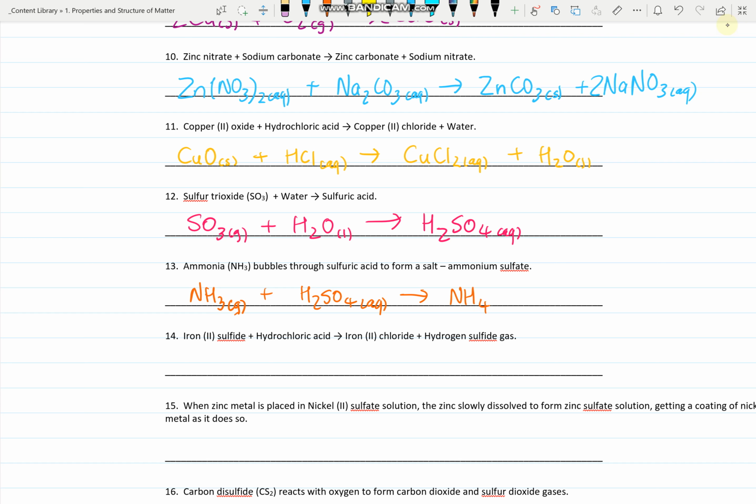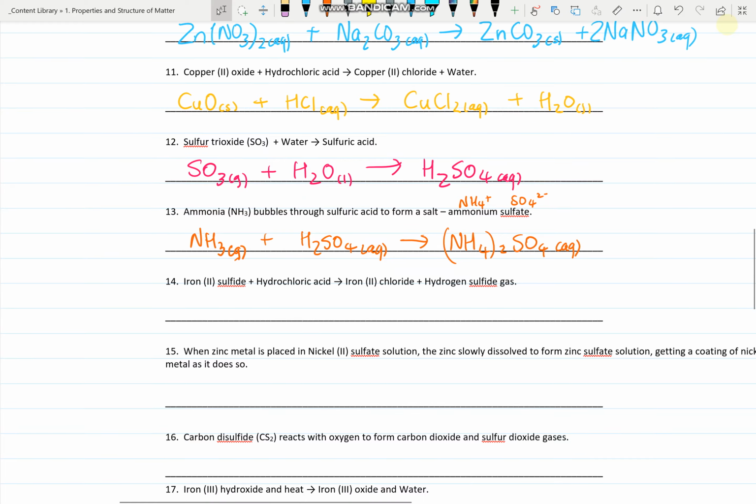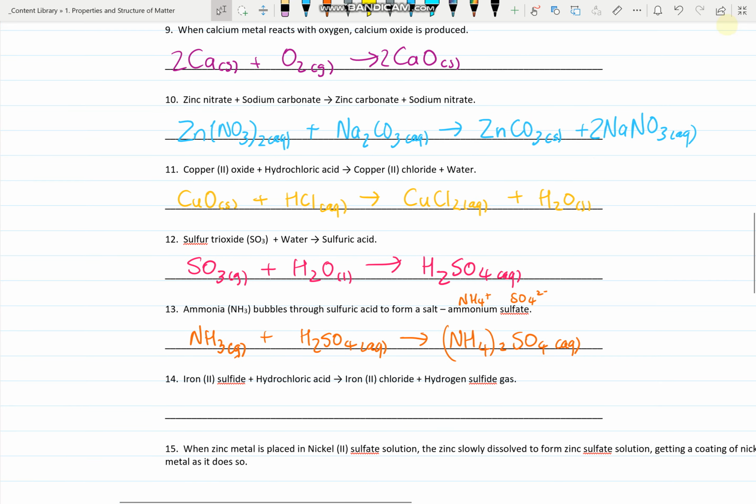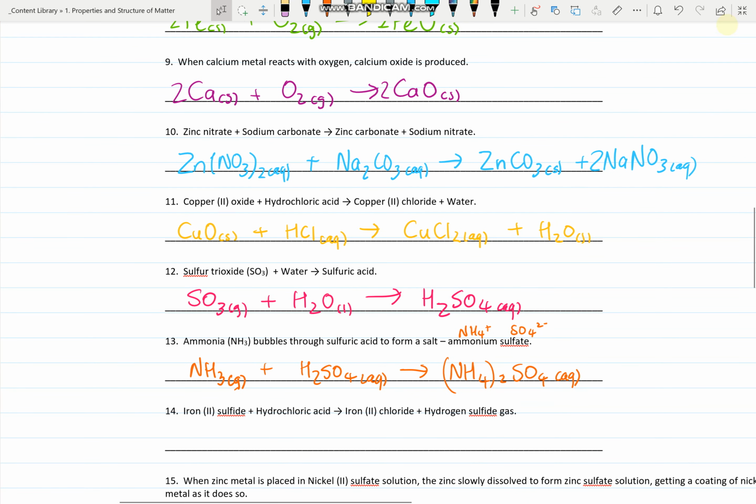Okay, so I should probably say down here NH4 plus, SO4 2-. So I actually need 2 lots of the ammonium to match the 1 sulfate. And because it's got ammonium in it, it's soluble. Might pause there. I'll keep going.